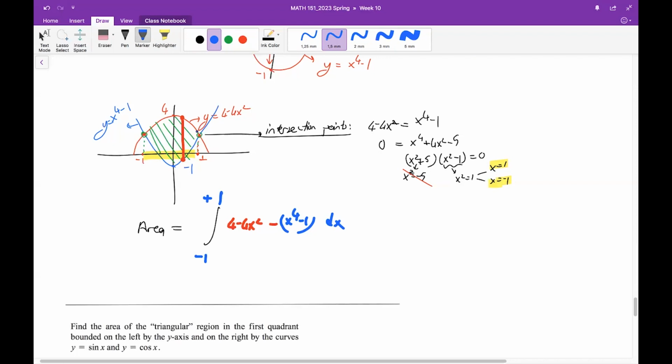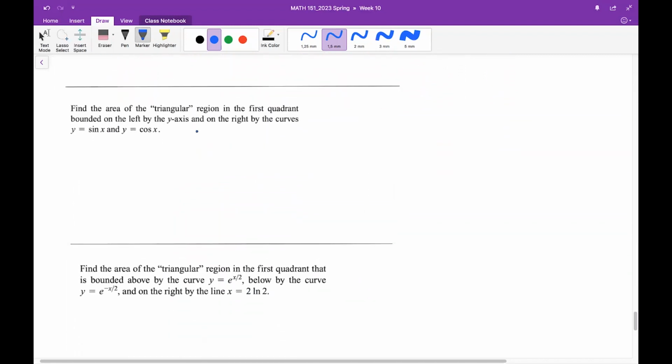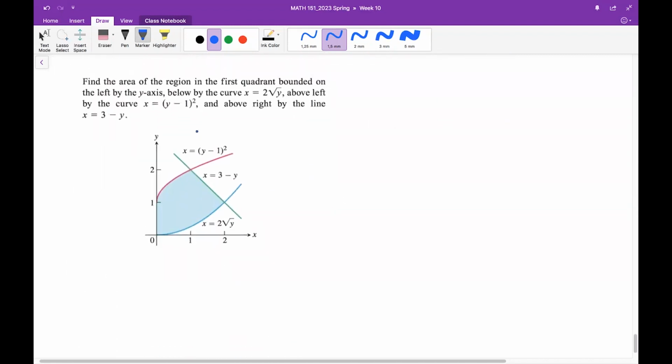If not, before we stop, I want to show you one last example, which is this one. And before we start that, I want to put a recall here. You can compute areas between curves also by using integrals with respect to y.